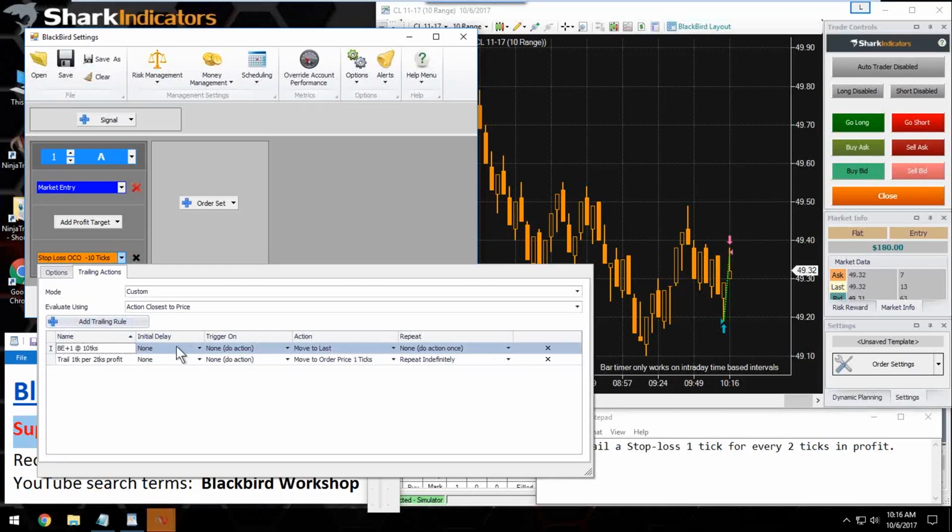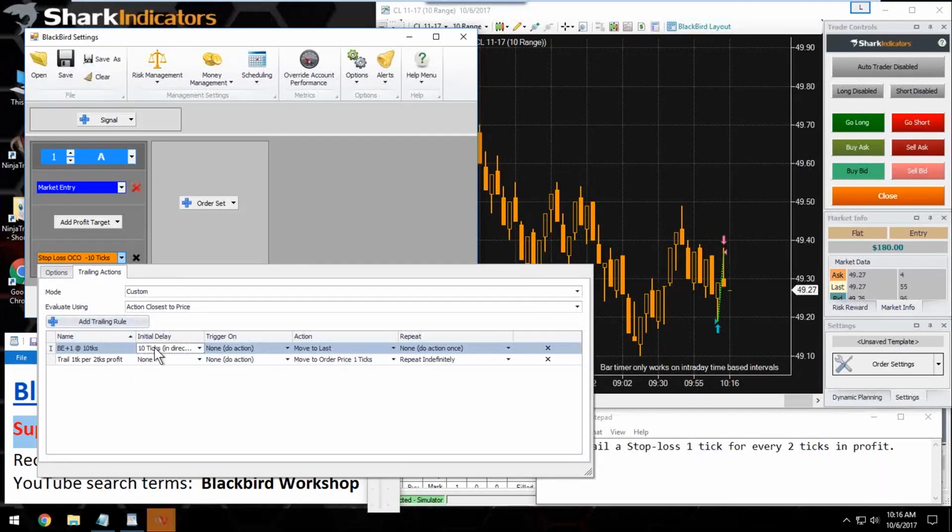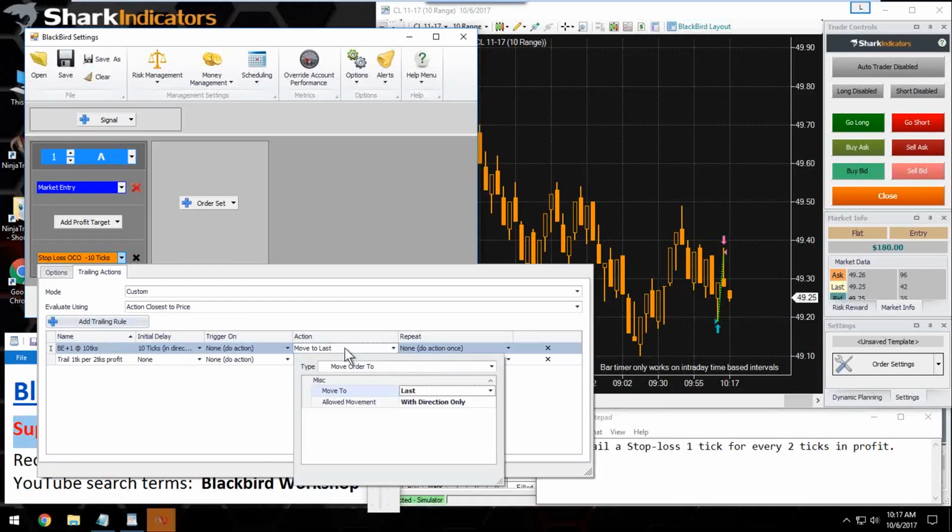So break even is pretty simple. We're going to use a delay here, and we're going to do ticks in direction. Once we get 10 ticks of profit in the direction of the trade, that's going to be our delay. Once that delay is met, then we need to move our stop loss.